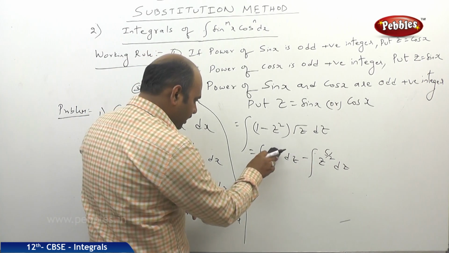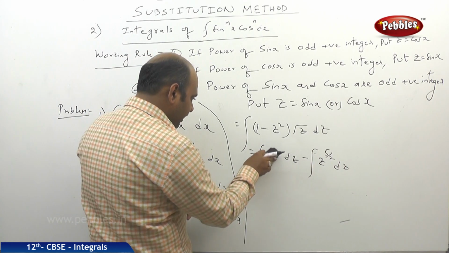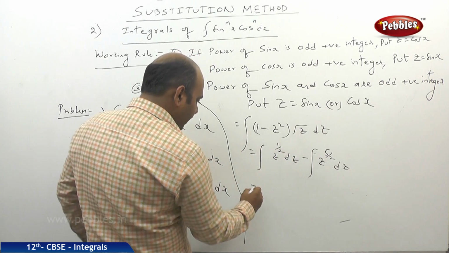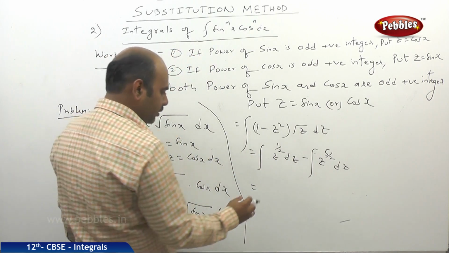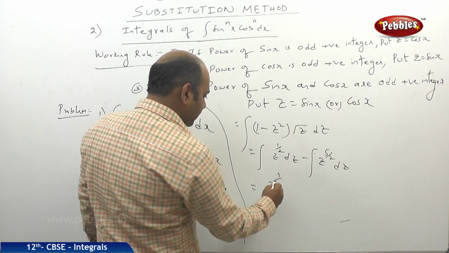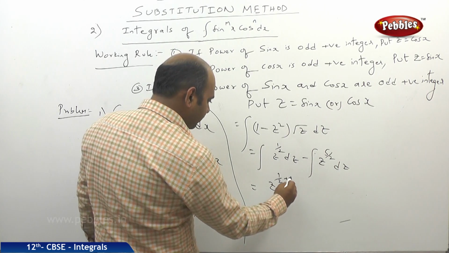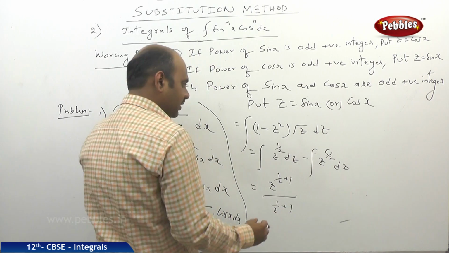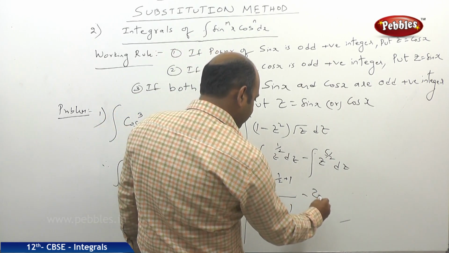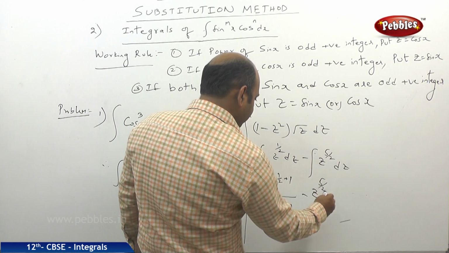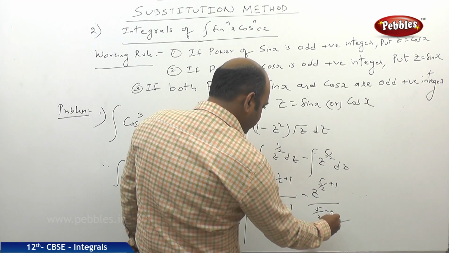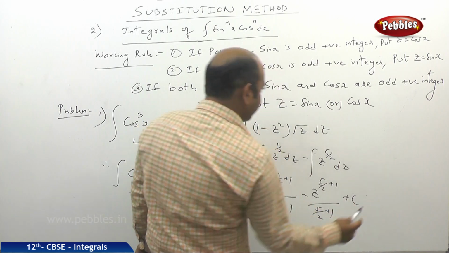And root z, for my convenience, I will write as z power 1 by 2. So the integral of z power 1 by 2 is z power 1 by 2 plus 1 divided by 1 by 2 plus 1, minus z power 5 by 2 plus 1 by 5 by 2 plus 1, plus c.